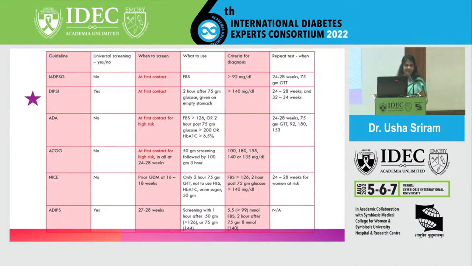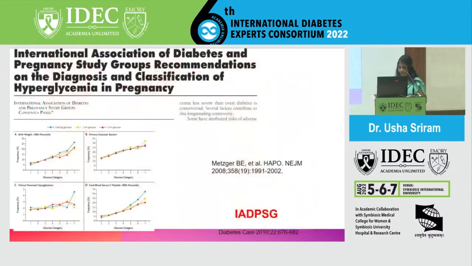This used to be the criteria used by the WHO before 2013, when they adopted the IADPSG criteria, which was based upon the HAPO data, which I'll show you now. So HAPO was a big study involving multiple countries and thousands of patients, and what they showed clearly was there is no one number that we can say beyond which these problems happen, but it's actually a continuum.